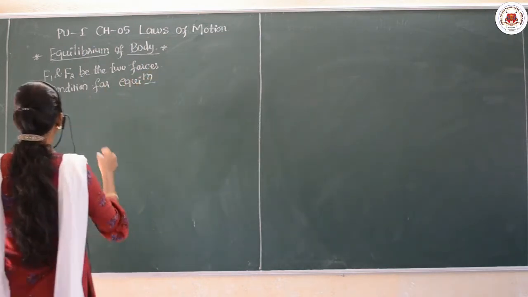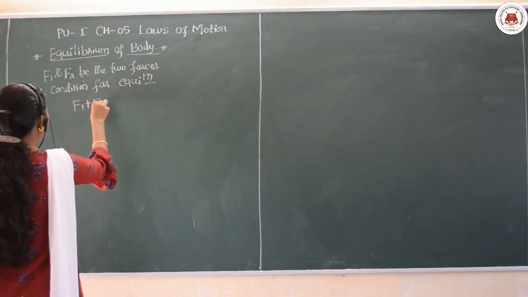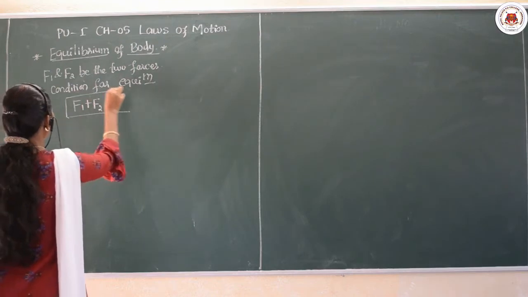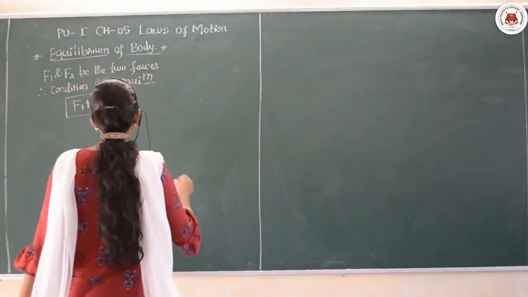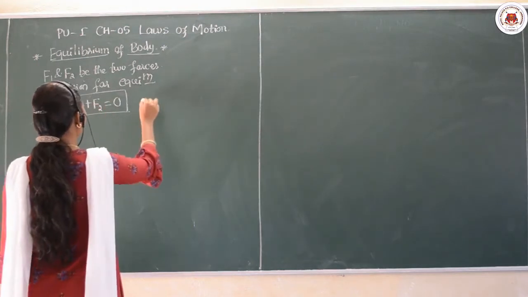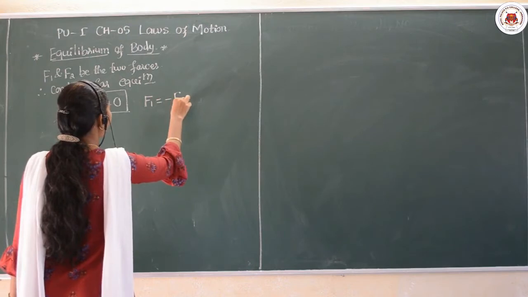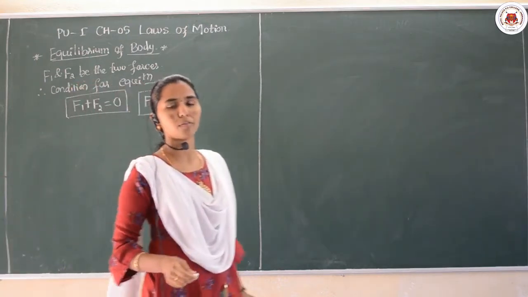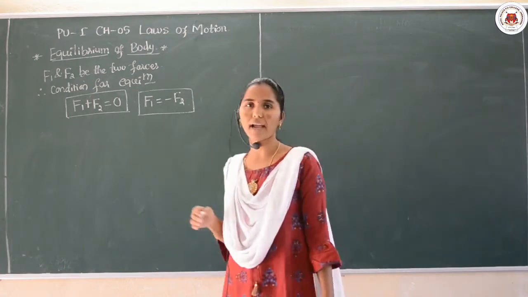Condition for equilibrium means when two forces are acting on the body, remember the sum of those two concurrent forces should be equal to 0 here. And if we apply this condition, then definitely F1 is equal to F2 will be the condition for the equilibrium of the body when two concurrent forces are acting here.